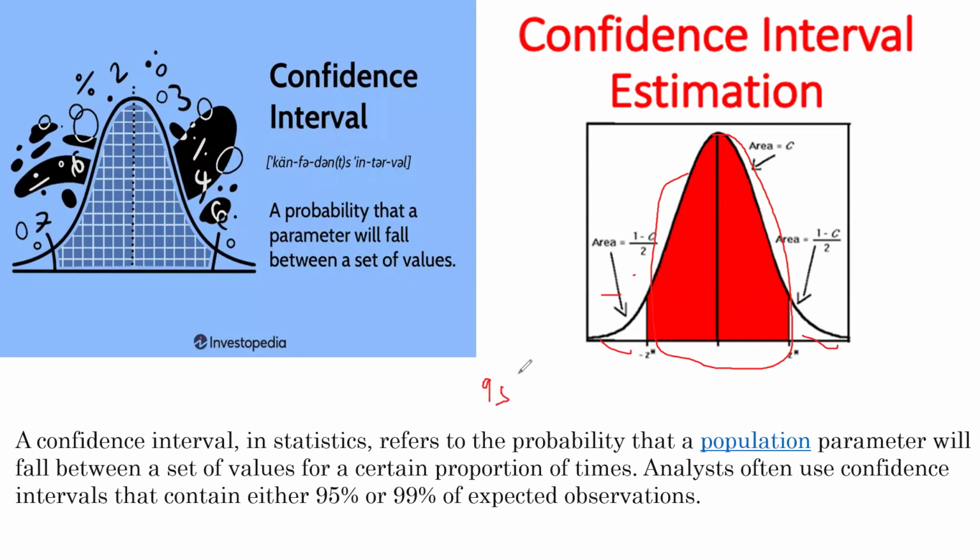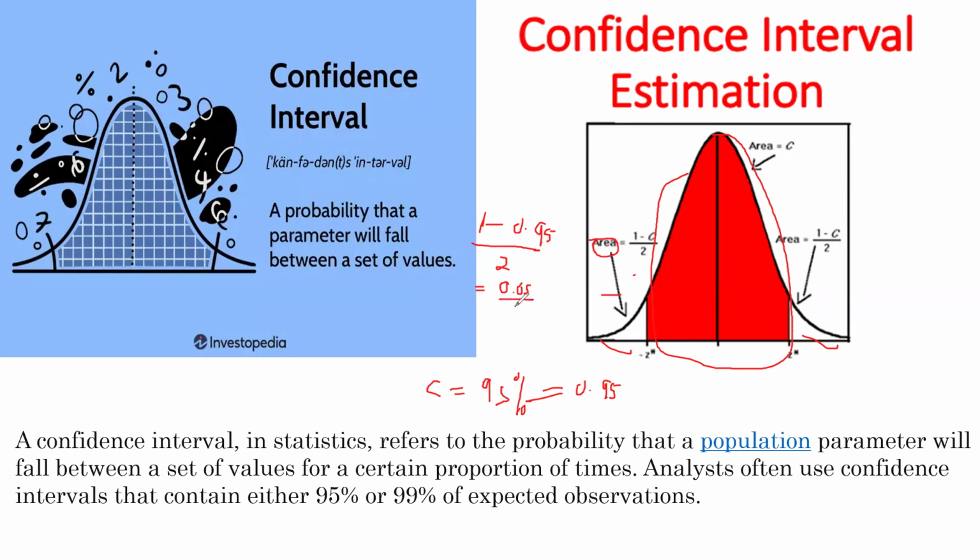Assuming the confidence interval is 95%, it means that your C value is equal to 0.95. So if you have 0.95 and you want to get the area under the curve, what are you going to do? We are going to set 1 minus 0.95, then divided by 2. Of course, 1 minus 0.95 gives 0.05.